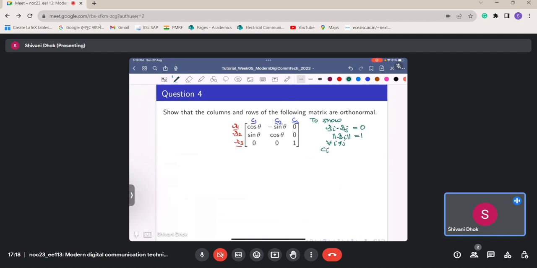Similarly, we need to show that Ci dot Cj is equal to 0 and norm of Ci is equal to 1. This is what we need to show.